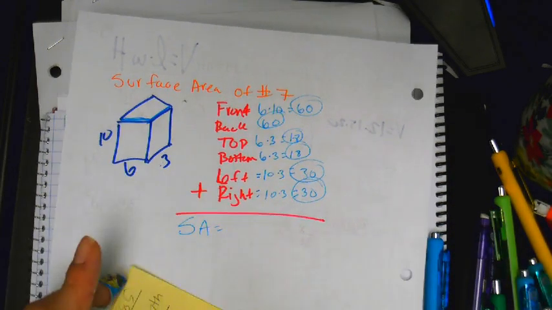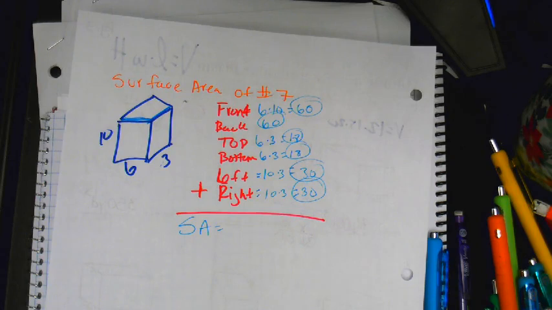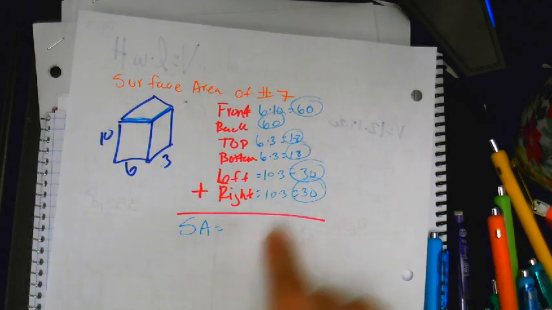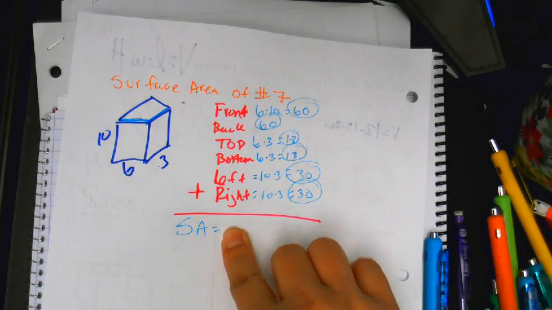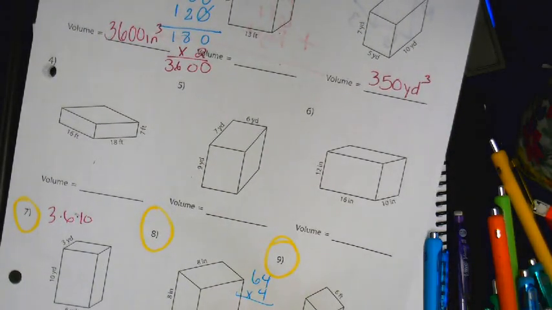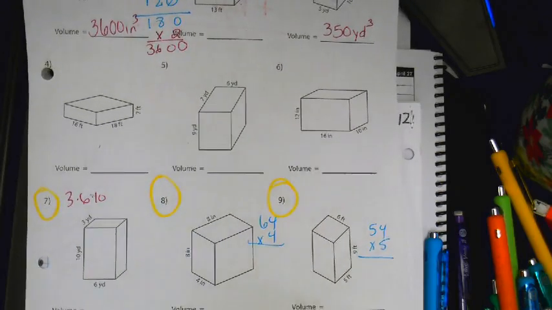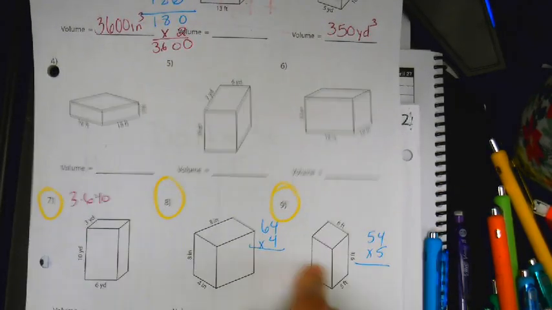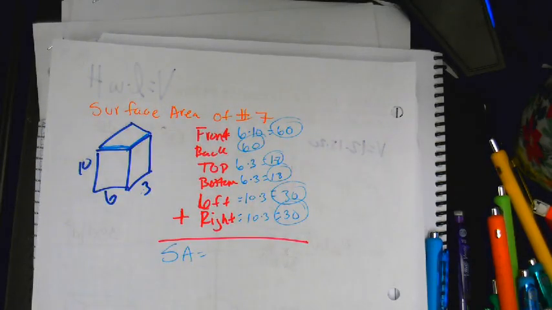Give this to Miss Polo tomorrow. So surface area, add those up for surface area. And then you have to do 7, 8, 9. Once you did that, you can upload to Canvas. Then finish this problem, upload to Canvas, and get your points.